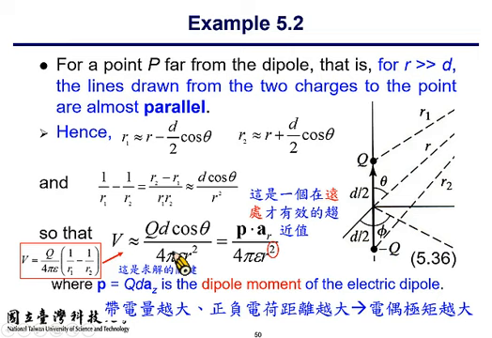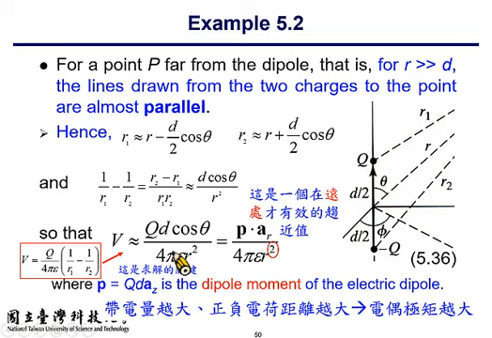So the electrical forces established by the positive charge and the negative charge somewhat cancel each other. As the distance r gets larger, the impact of an electrical dipole decreases very quickly, right? So it only establishes some fields in its neighborhood, and its effect is not that significant as you move away from the electrical dipole.